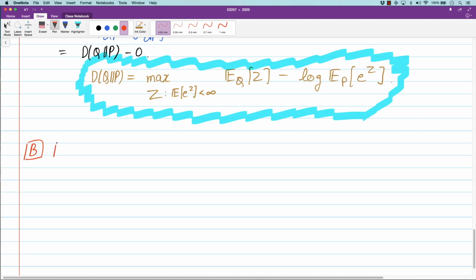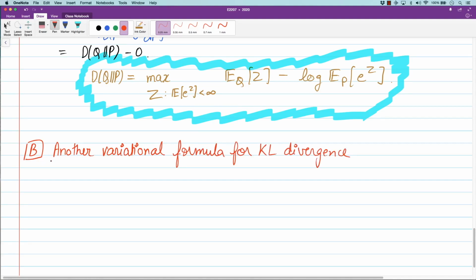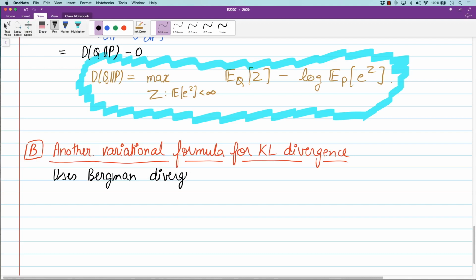So another variational formula for KL divergence, and this uses a thing called Bregman divergence.